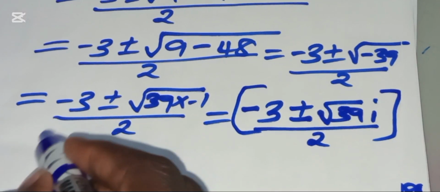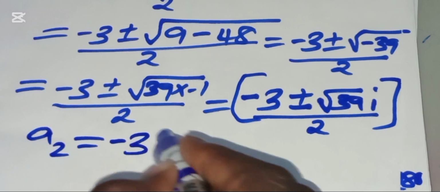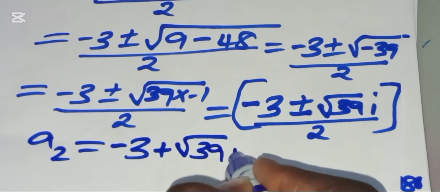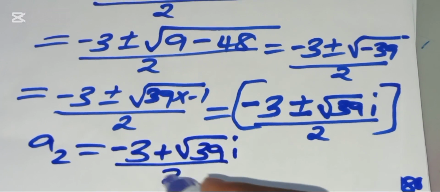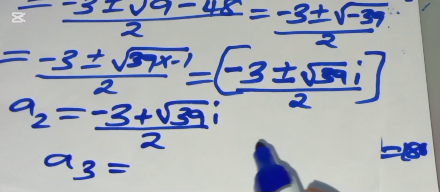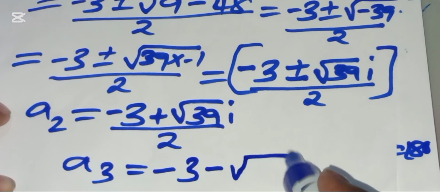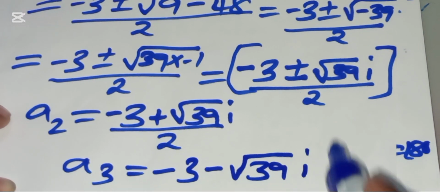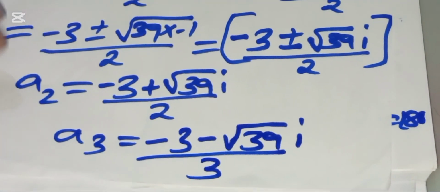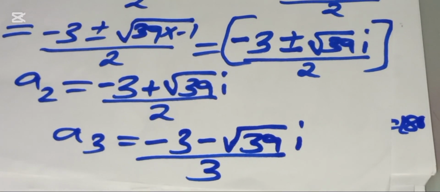That is a2, equal to negative 3 plus square root of 39i divided by 2, and a3, equal to negative 3 minus square root of 39i divided by 2. So we have three solutions for our algebra problem with only one real solution.